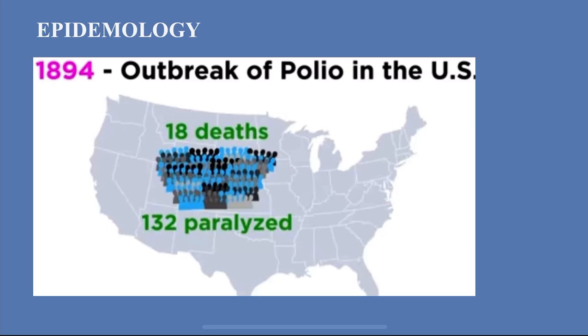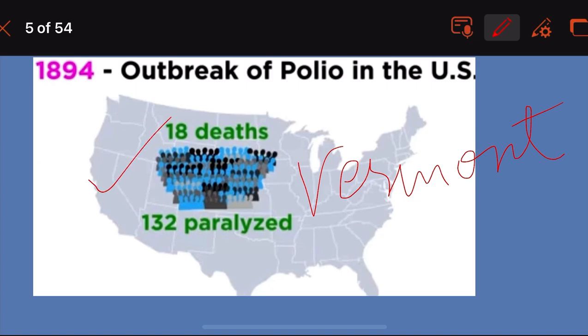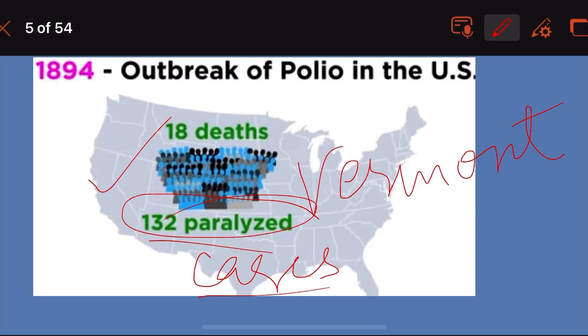The first recorded major outbreak in the United States was more specifically in Vermont, which resulted in 18 deaths and the permanent paralysis of 132 cases.